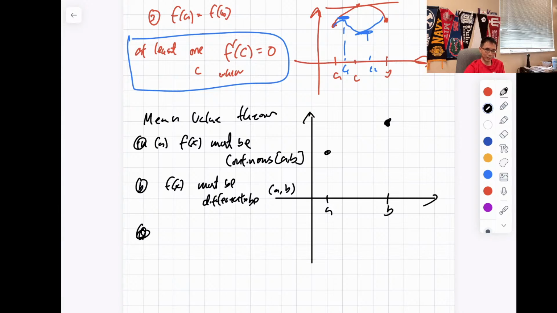There's no third condition. So what does the mean value theorem tell you? Yes, Nathan? f of b minus f of a over b minus a equals f prime of c.